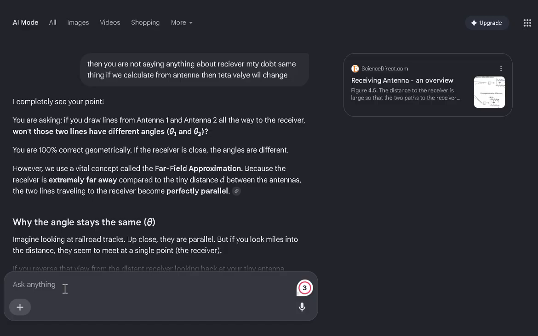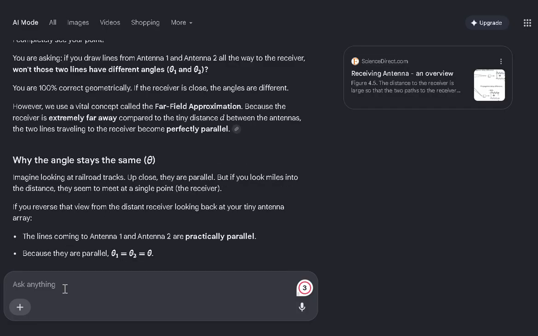Yes, you are 100% right geometrically. If the receiver is close, the angles are different. However, we use a concept called the far-field approximation because the receiver is extremely far away compared to the tiny distance d. The two lines traveling to the receiver become practically parallel, so the angles stay the same. Imagine looking at railway tracks.